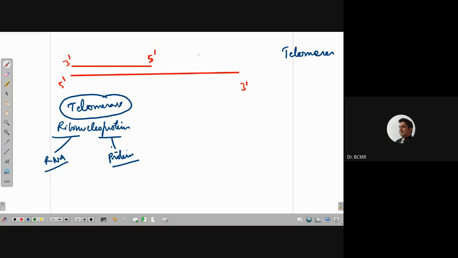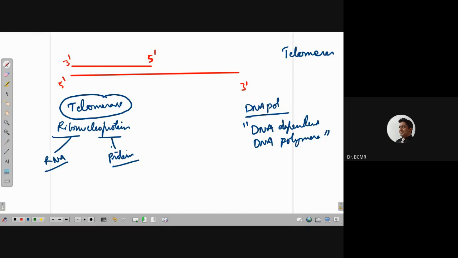When I described DNA polymerase, I told you a way to remember it. I don't know if you can remember that or not. DNA polymerase is a DNA dependent DNA polymerase. What does that say? This is the whole definition of DNA polymerase, which is DNA dependent DNA polymerase.